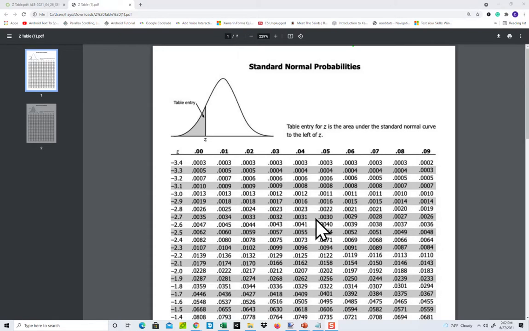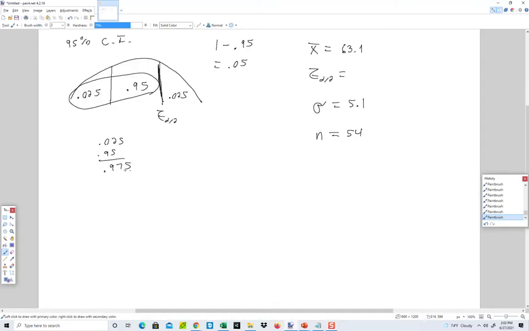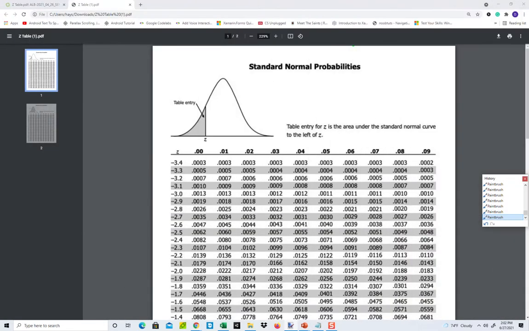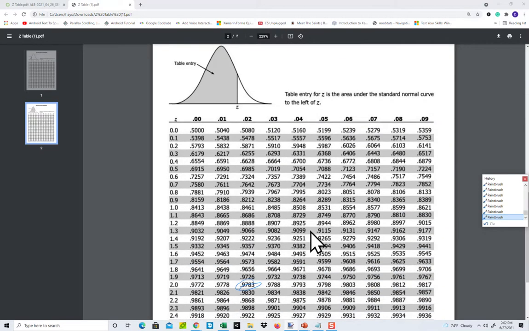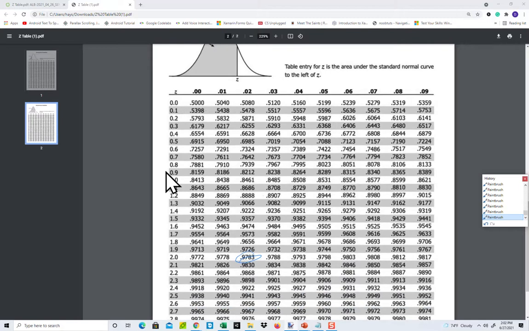Okay, so we just said that we're looking at 0.975. So we're going to look at 0.975 in the middle of our table. Before we looked at the top and left, but now we're looking in the middle. And 0.975, if I come down here and look, it's exact.